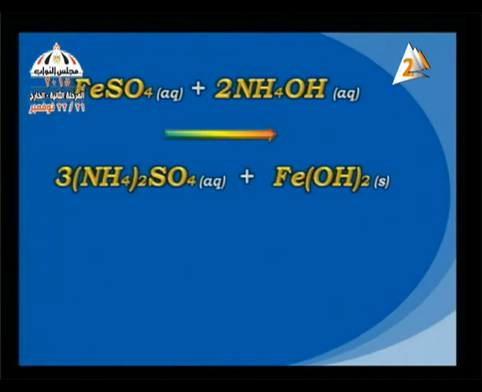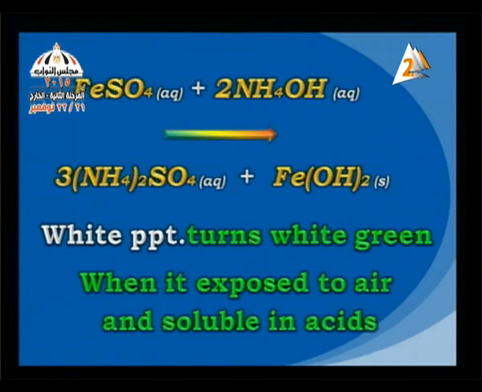or precipitate. Good. What is the most important product here, do you think? Aqueous or solid? The solid is the most important one. It is called Fe(OH)2, it means iron 2 hydroxide. Directly we said the color will be a white precipitate.